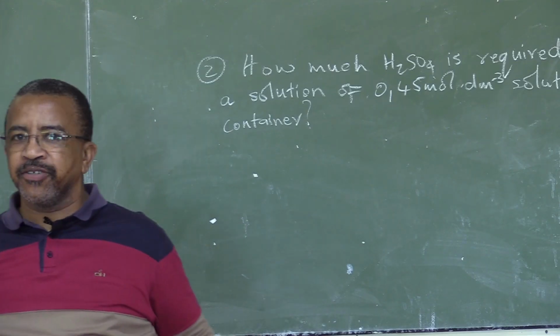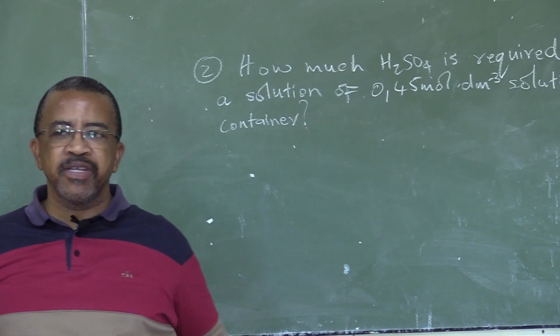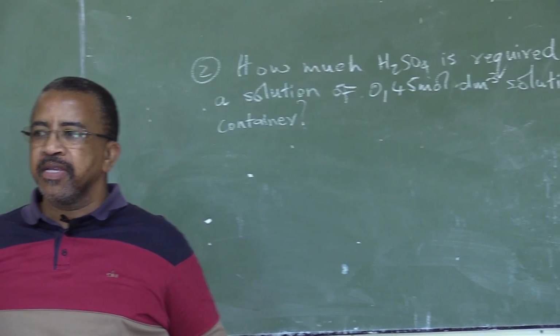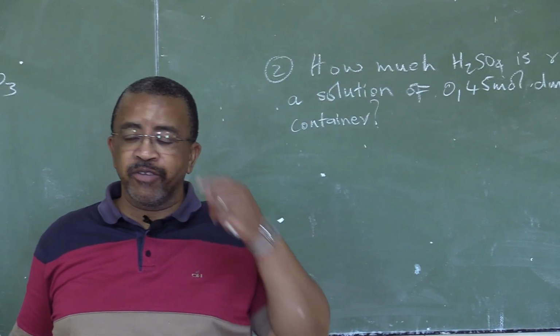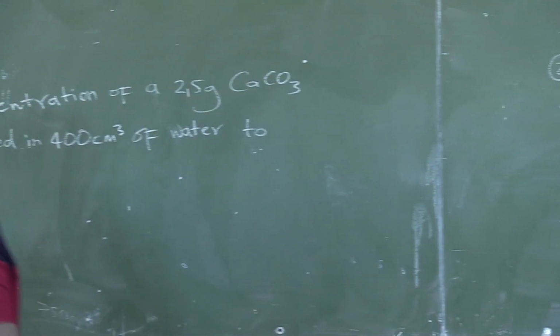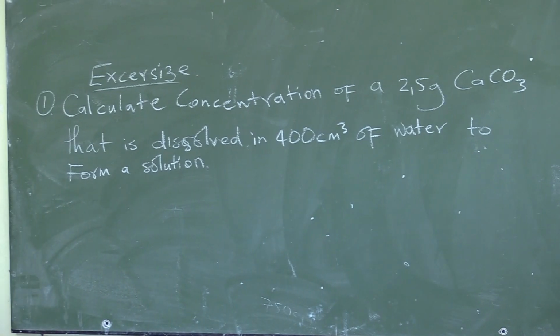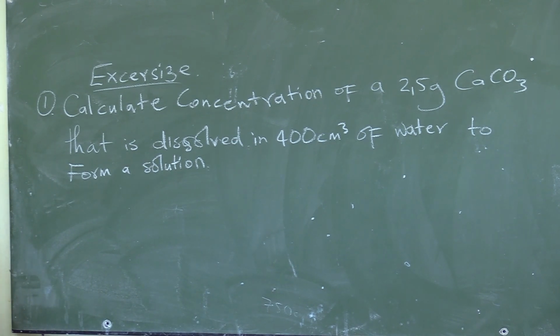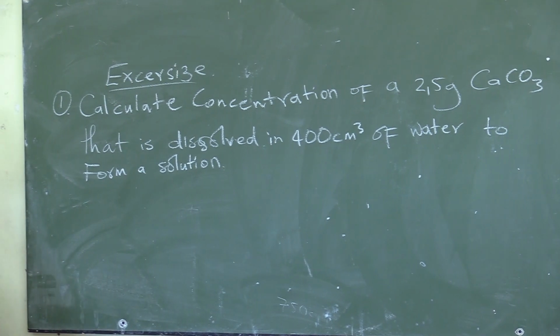We will start with this first exercise and then do the second one, still under preparation of solutions. Let's look at this question and how it goes. They say calculate the concentration of 2.5 grams of calcium carbonate that is dissolved in 400 cubic centimeters of water to form a solution.